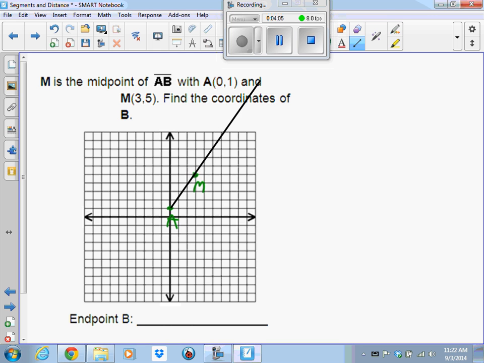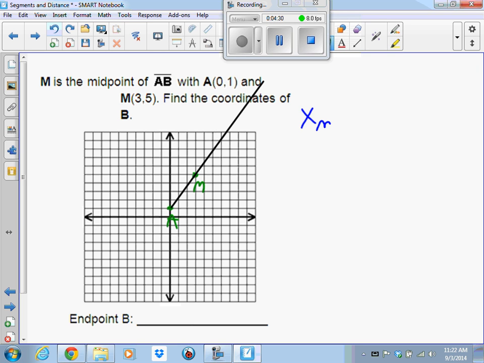We're looking for some point up here in this general direction. Our line segment is going to be shorter than that, but that's the general area. It's going to be on the other side of the midpoint. We're going to use the same formula as we have been using, and then I'll show you a way to just count, which is kind of easier.